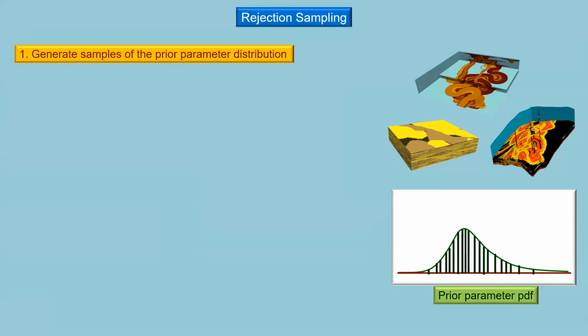We can use very complex random number generators embodied in geostatistical software to generate figments of imagination conditioned by borehole data that we may have, that can be considered samples of the prior parameter probability density function. So we generate these, we sample the prior probability density function.